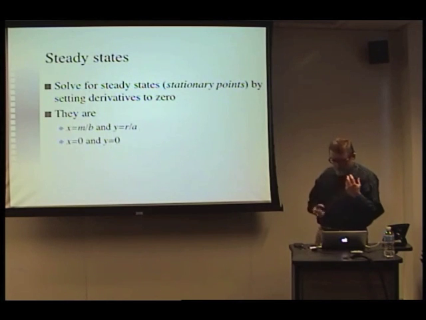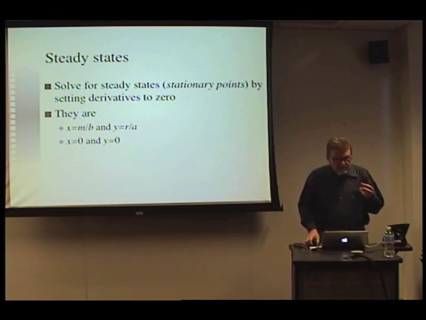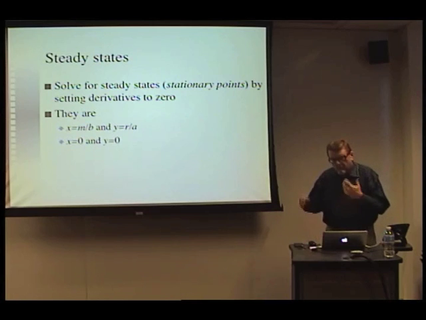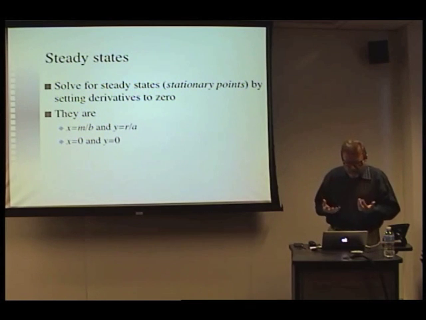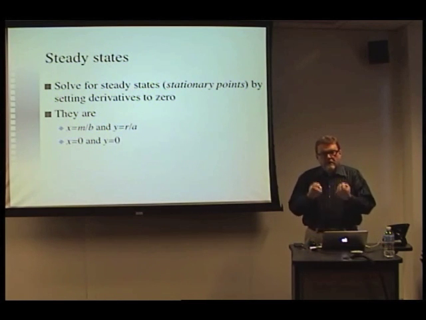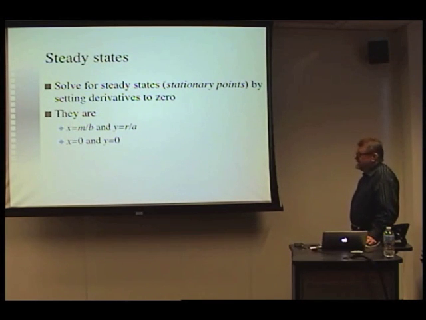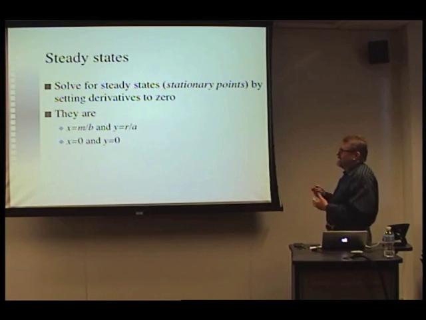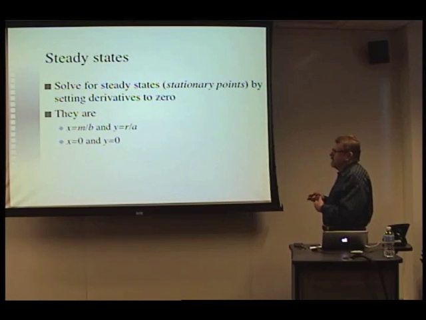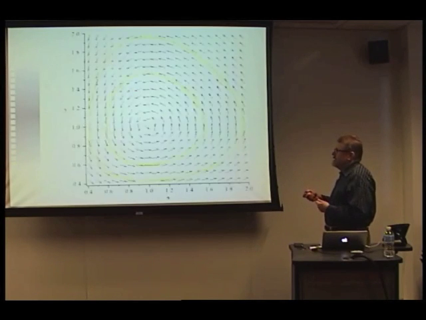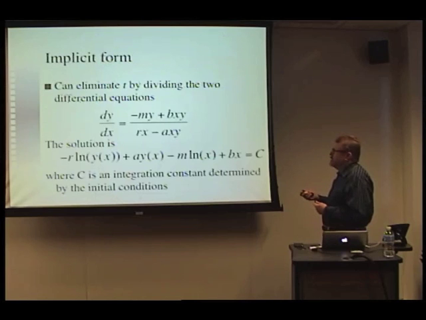Now, for describing the system, as we talked about before, one of the things that we want to be able to do is to describe any possible steady states that the system has. And so, in that case, we can set the derivatives to 0, right? So we had dy/dt, and dx/dt was this.